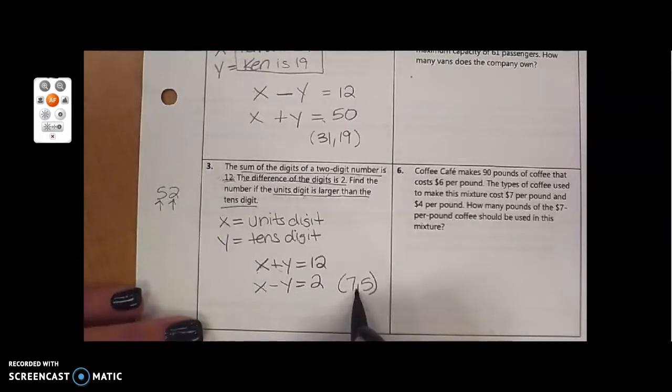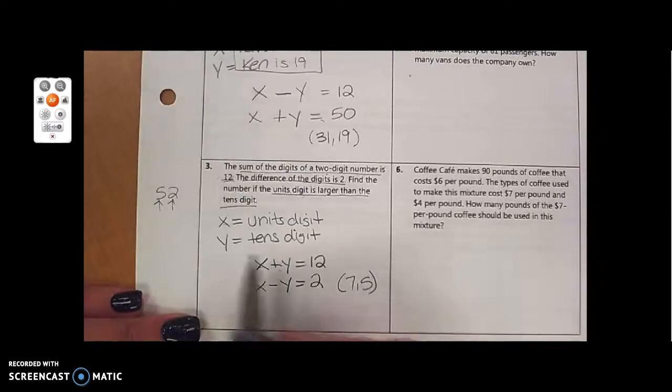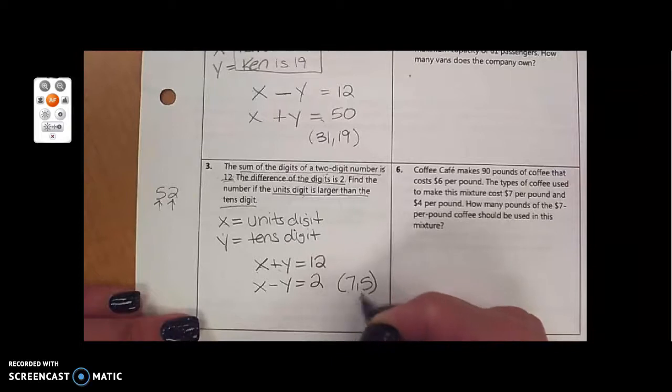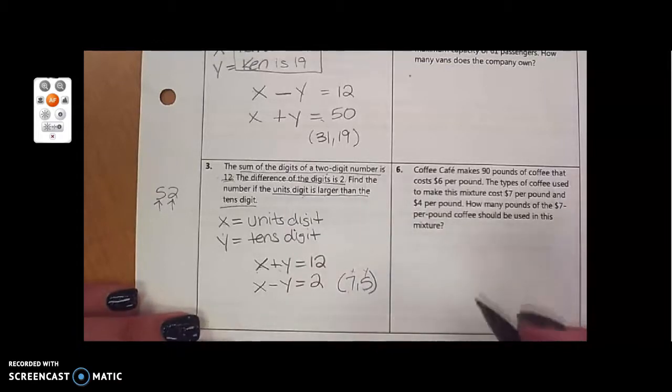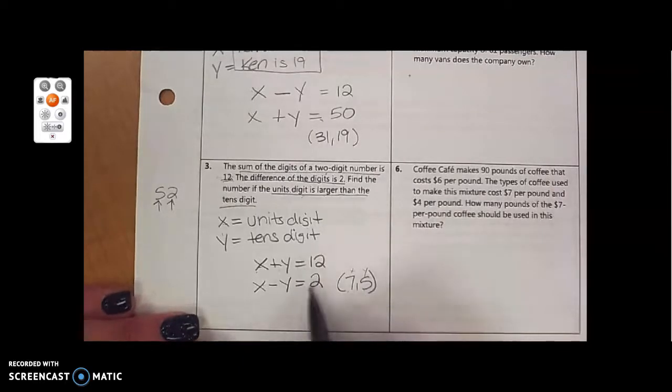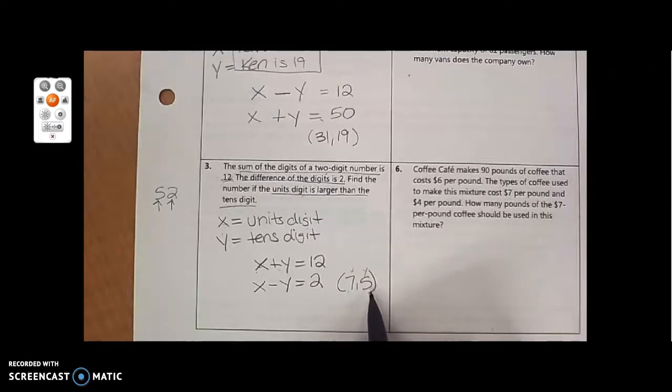So the number is not 75, because remember, X is the units digit, and it said the units digit is larger than the tens digit. So for the solution, X is 7 and Y is 5.